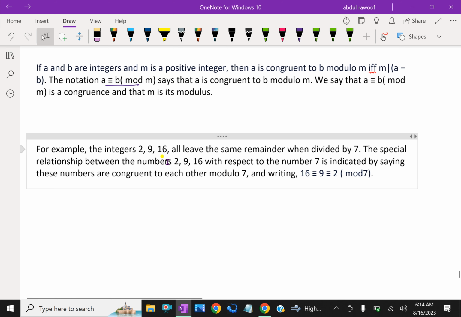That means when 2 is divided by 7, the remainder is 2. When 9 is divided by 7, the remainder is 2. When 16 is divided by 7, the remainder is 2. So when these three numbers are divided by the same number, here modulus 7, they leave the remainder 2, so they are congruent to each other.